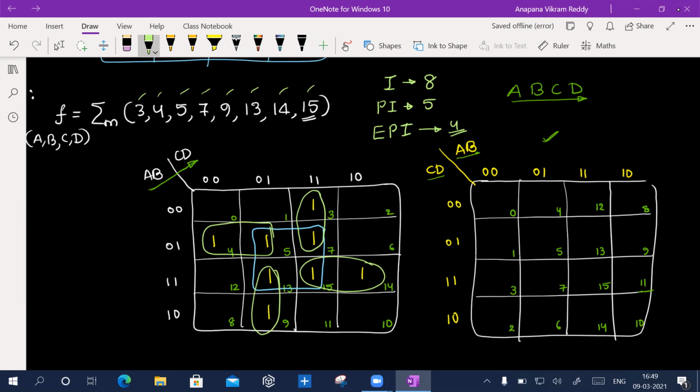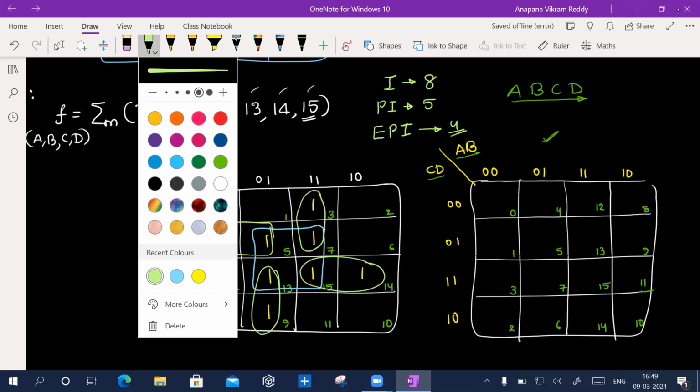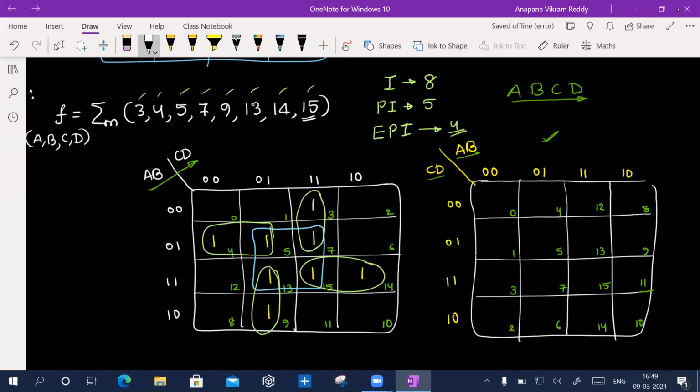Why? Because you have 5 PIs, and out of these 5, see, this one is uncovered. Is this PI covered by anyone? No one, right? This one is not covered with this, not covered with this. This one is not covered with this quad, not covered with this PI.